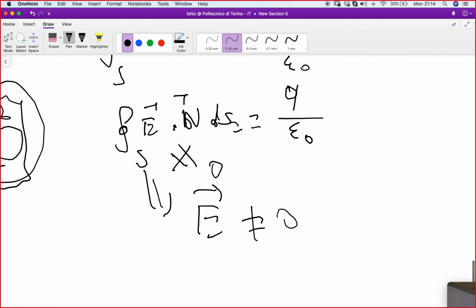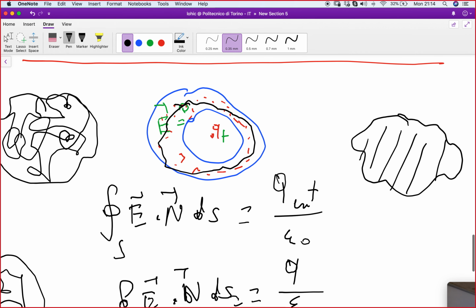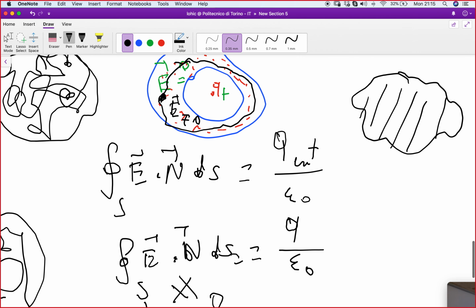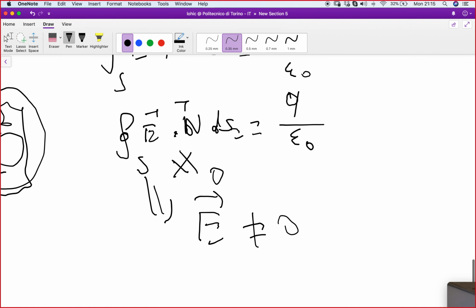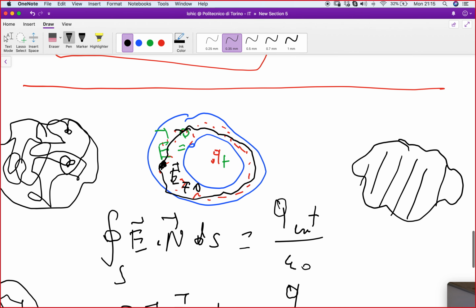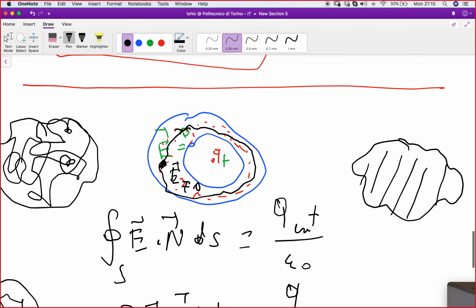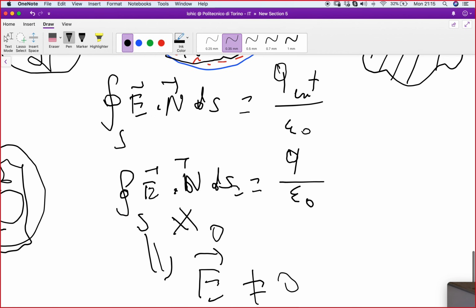Yes or not? And if the field on this surface is not 0, it means that the field here is not 0. But this is a contradiction. Is it clear or not clear? So when I put this charge inside, if the total charge in the black surface is not 0, the field on the black surface will not be 0.